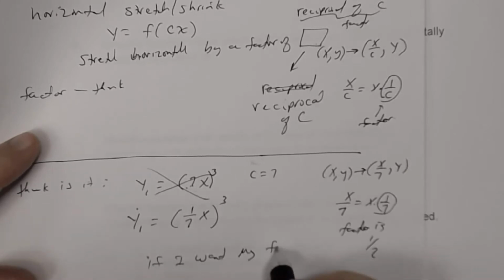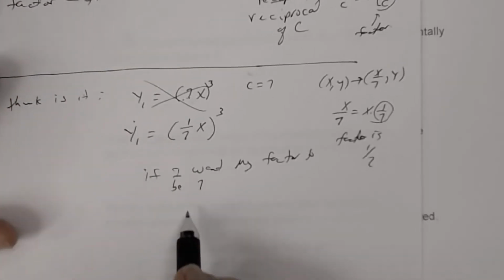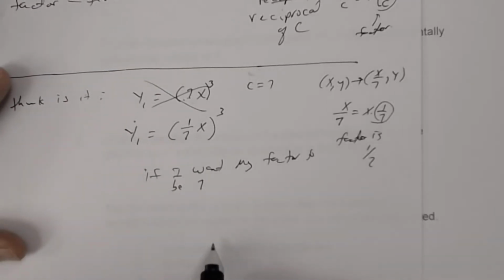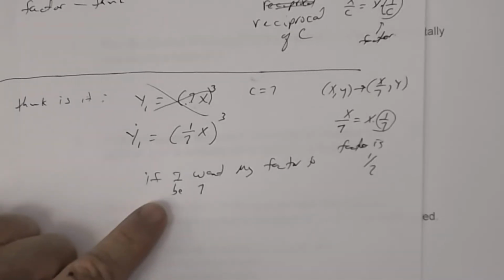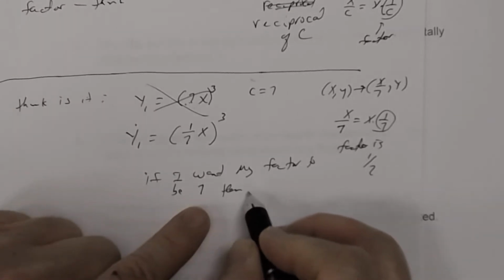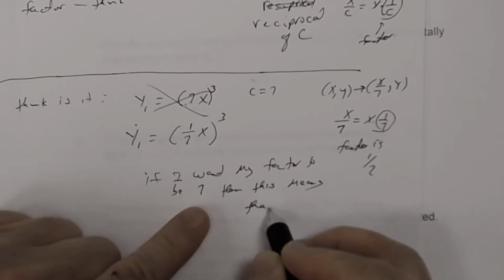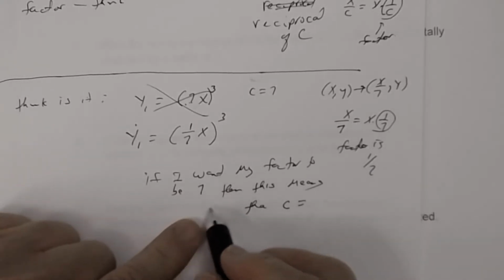Okay? So if I want my factor to be 7, then what that means is that c equals the reciprocal of this.